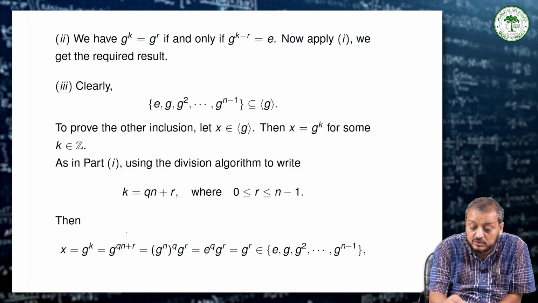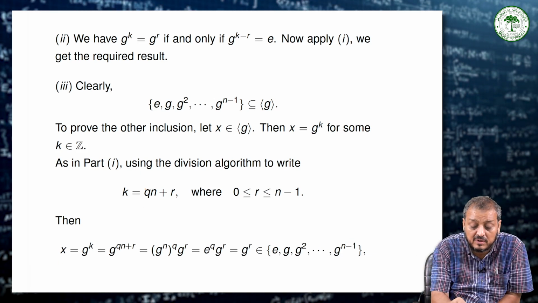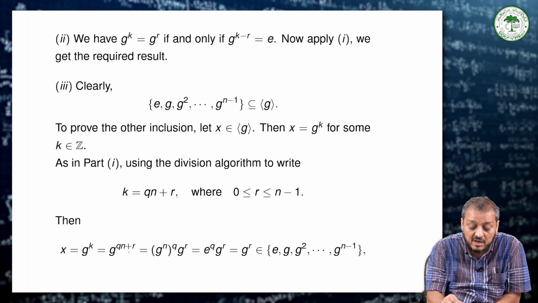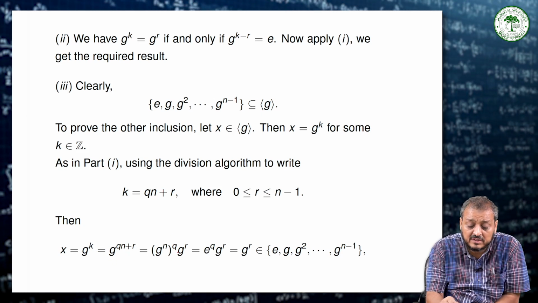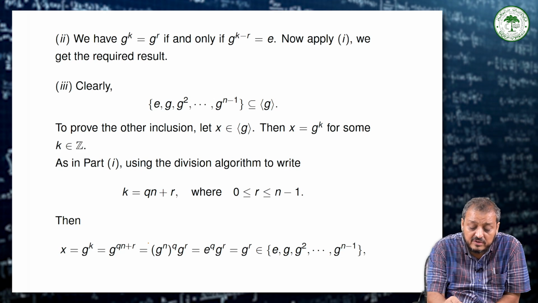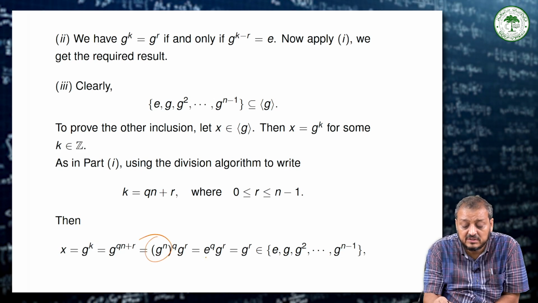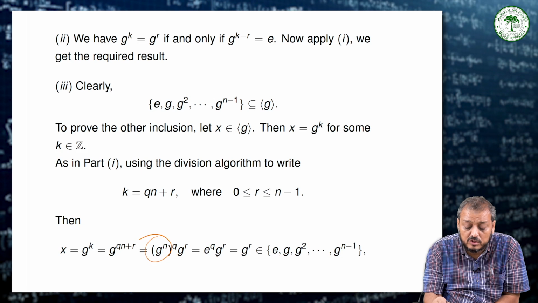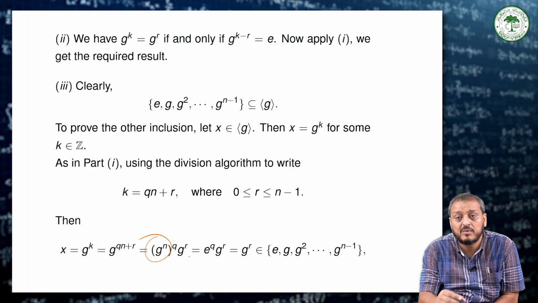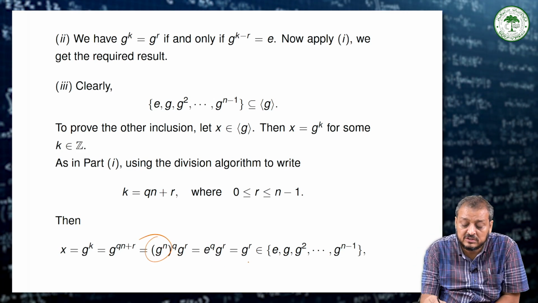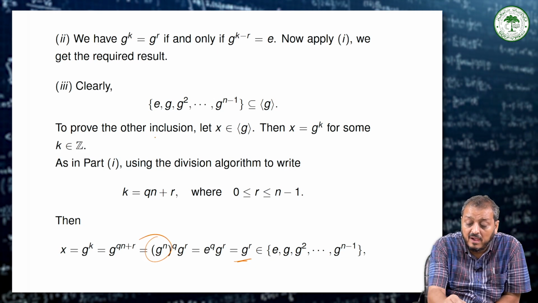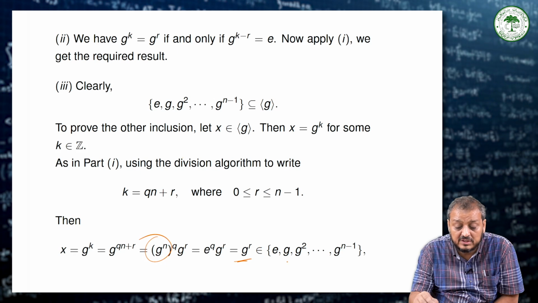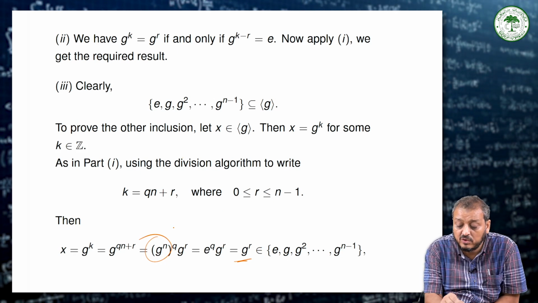So x is equal to g to the power k, which is g to the power qn plus r, that is g to the power n, all to the power q, times g to the power r. Since g to the power n is identity, the first factor is identity to the power q, which is again identity. So this is g to the power r, and r lies between 0 and n minus 1.